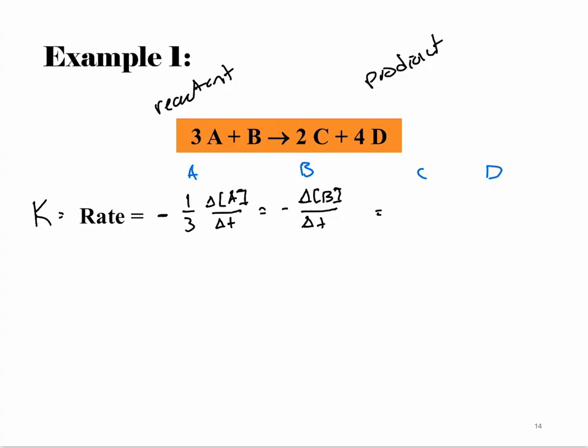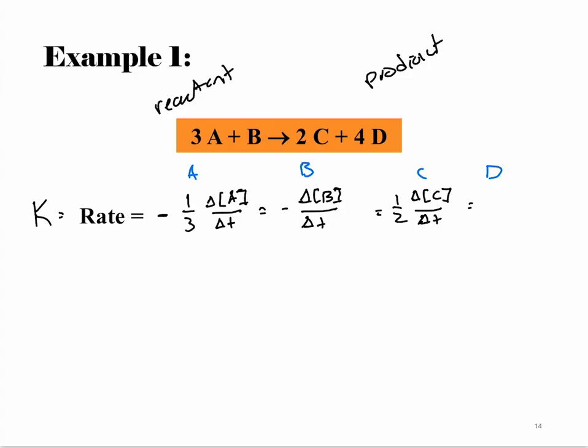So this is going to be the change in the concentration of C over change in time. And what else do we need there? A 1 over 2, right? Because for each time this reaction happens, we're forming 2 C. So the rate of formation of C is 2 times larger than the reaction rate here, because we create 2 of them every time that one reaction happens.